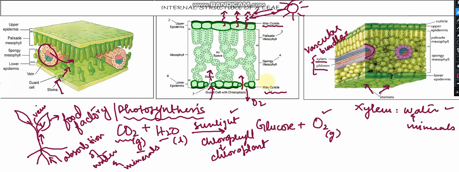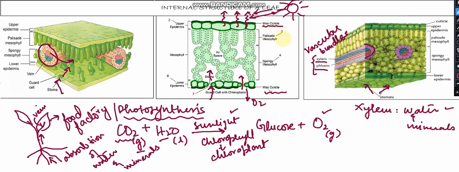I'll give you an example in the class as well: we have guards at our home, and the guards are there at the bottom, where the gates, the main entry of your home, are. So your guests and everybody enter from that part. That is why the guard cells, the stoma, the gates, the entry and exit of a leaf, are at the bottom, so that the leaf has control over the movement of water vapors and gases. So this is the reason why there is a waxy cuticle.